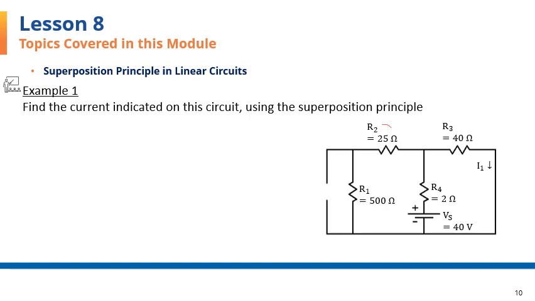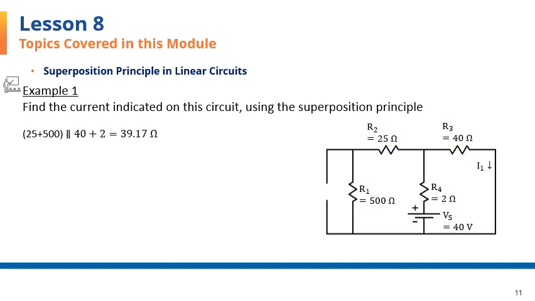These two resistors are in series, adding to 525 ohms. Then the 525 ohm will fall parallel to the 40 ohm resistor. Once we find the parallel combination of the two, we'll add this 2 ohm resistor to it to find the equivalent resistance that the voltage source sees.